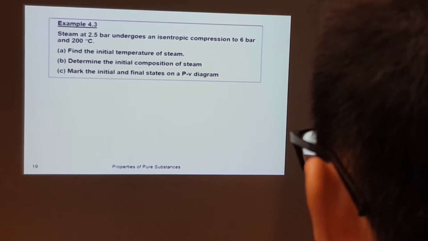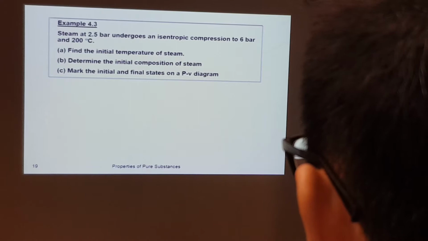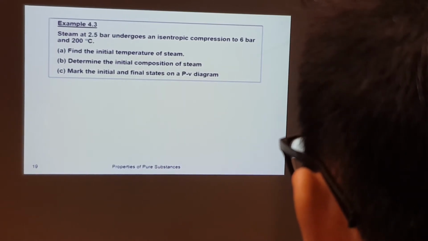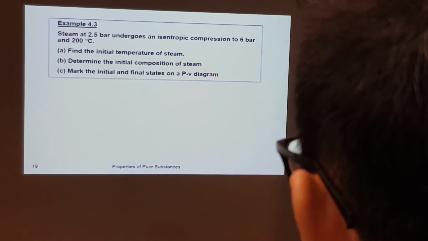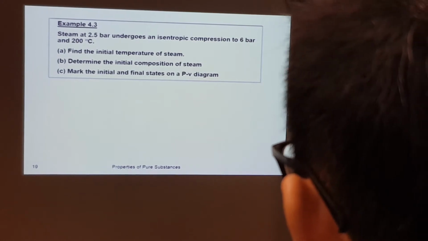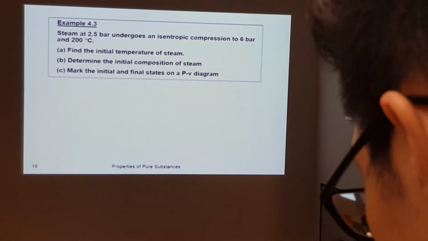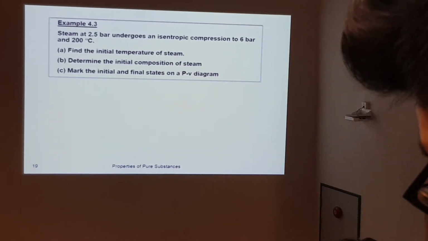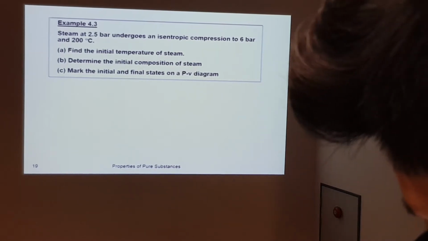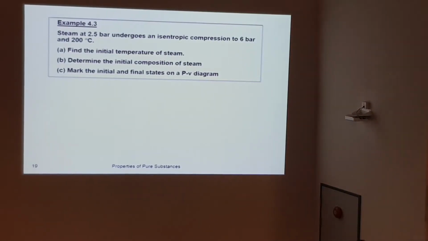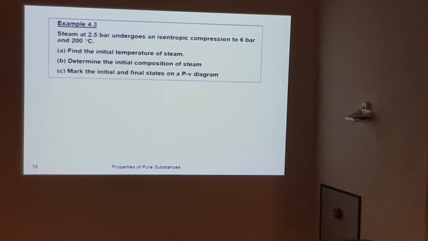So what does it mean? It means your original steam at 2.5 bar should also have this value of entropy. Correct? Because entropy is constant. So now for your initial, you have 2.5 bar. Can you go to the 2.5 bar again?